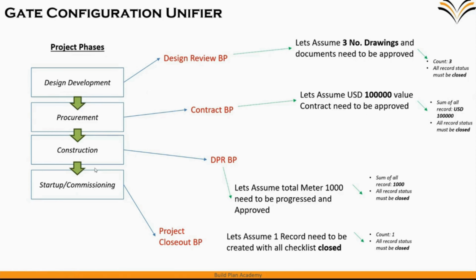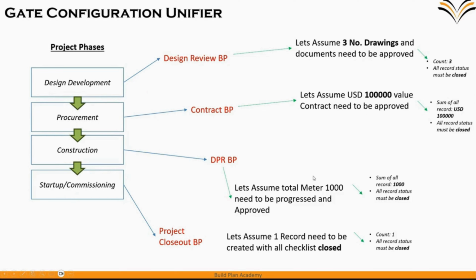Now in this construction phase, as an example, I have picked a DPR, where the contractor is reporting a lot of DPRs mentioning the quantity. Let's say in some DPR it is mentioning 100 meters. He reported 100 meters, next 100 meters, then 300 meters. So the total sum of a field called total meter progress is 1,000.